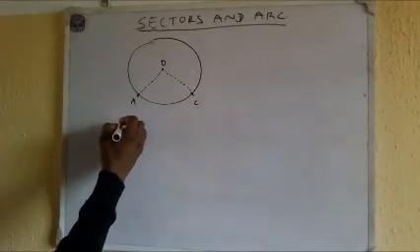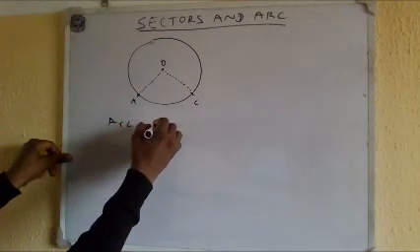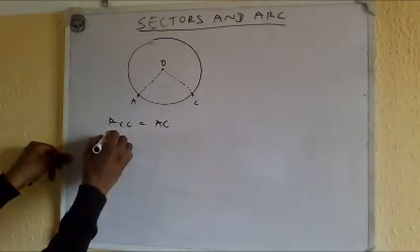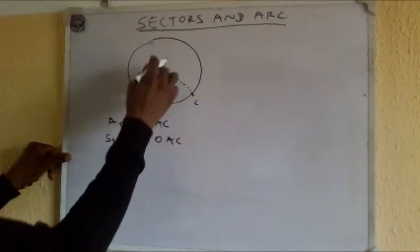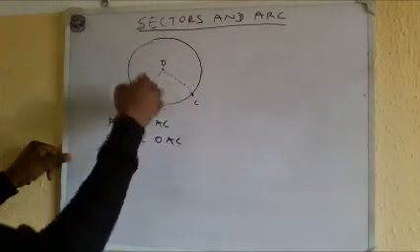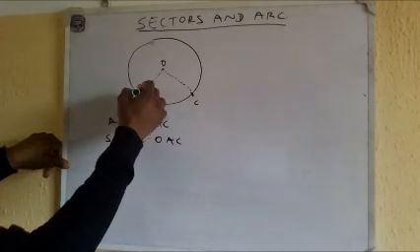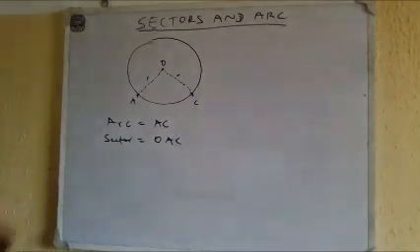So the arc is AC, and the sector is OAC. This is the region, by the way. So it has an arc bounded by two radii.